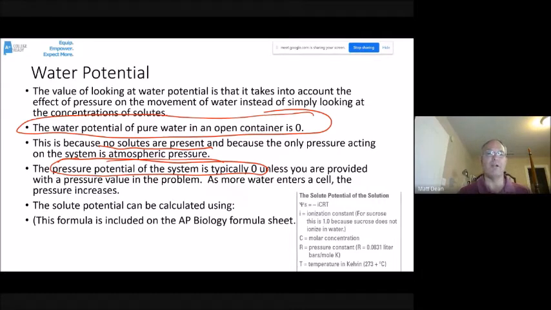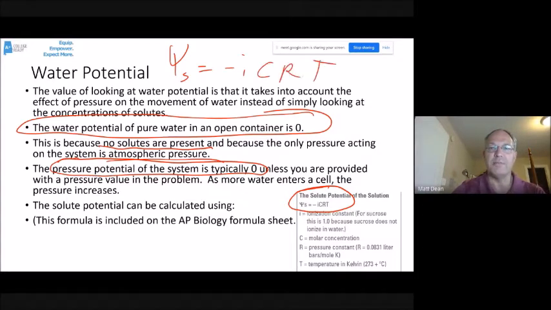Oftentimes in AP Bio, you're going to be asked to calculate the solute potential. This formula for solute potential is also on your AP Bio formula sheet. Let's talk about this formula. So this is the solute potential. It's equal to negative iCRT. i is called the ionization constant, and it essentially looks at what happens when something dissolves.